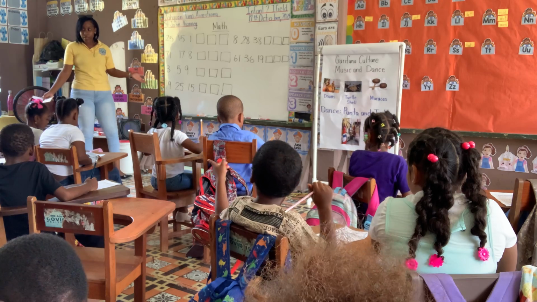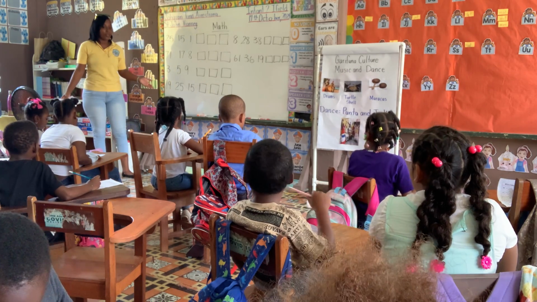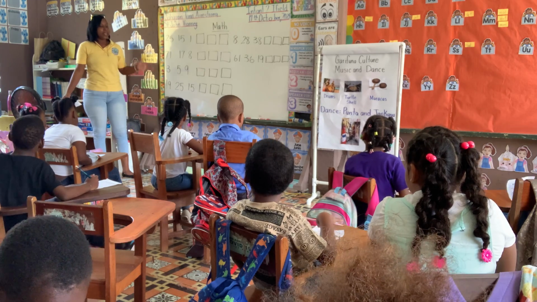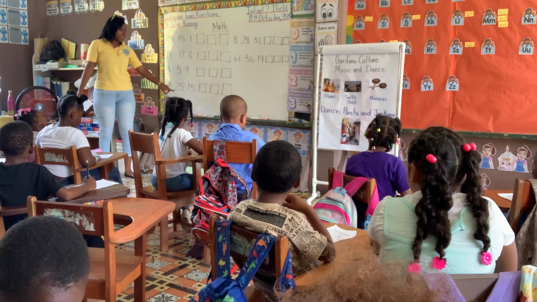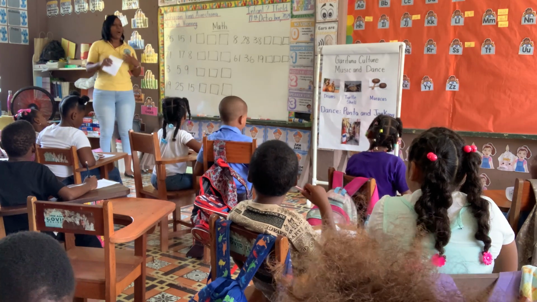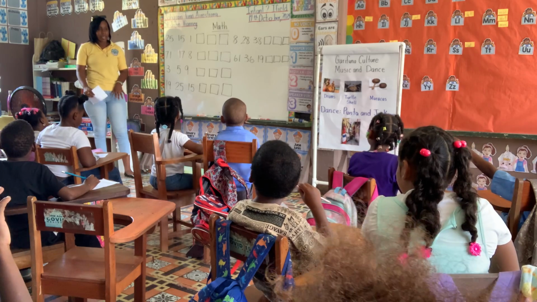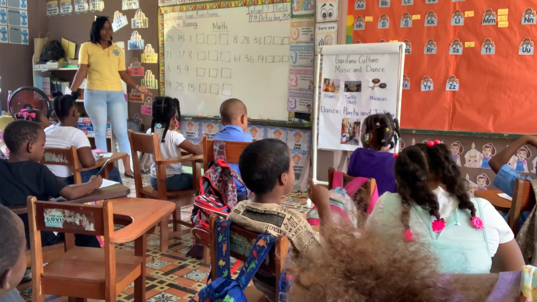Christian. How many dollars does Christian have? Listen, teacher has 19. Christian has 25 and Miracle has 15. Who has the most money? Christian. How much money does Christian have?